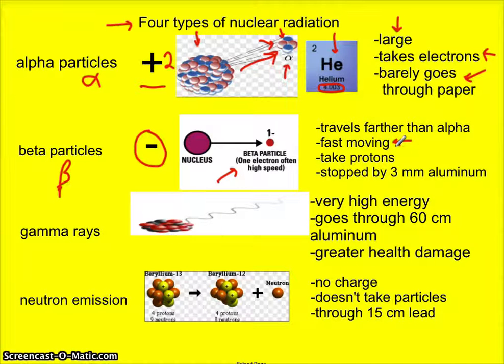Now, you may be thinking, how can a nucleus send out an electron? There are no electrons in the nucleus. And that's a really good question. Here's what scientists think is happening. Scientists think that the neutrons, you know, it has protons and neutrons in here, decay to form one proton and one electron.